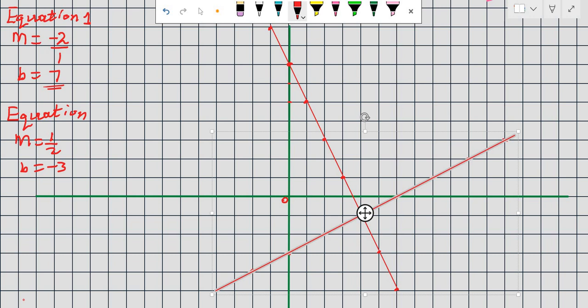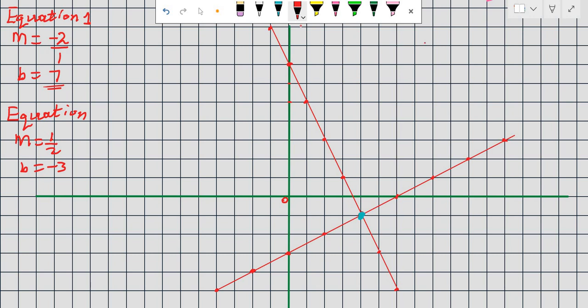Good. So now, their point of intersection is the solution, and you can see that point here. All right, so it means that the solution is at this point, and that is, you count along the x-axis 1, 2, 3, 4.